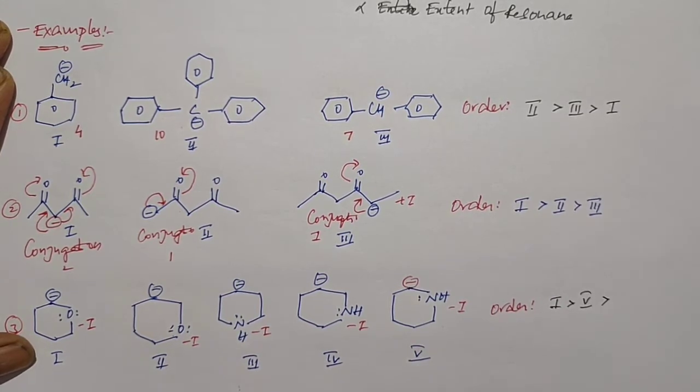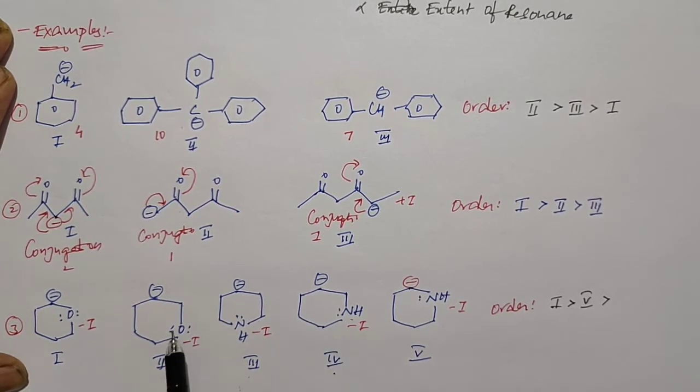Okay. After that, compare the fourth structure. In the fourth structure, the distance between the electronegative atom nitrogen and the minus charge is 1 carbon. In the second and fourth structures, oxygen and nitrogen are present at the same position, both differing from the negative charge by 1 carbon atom.